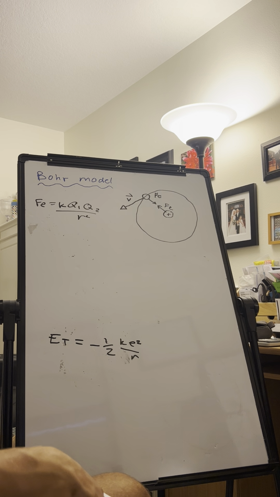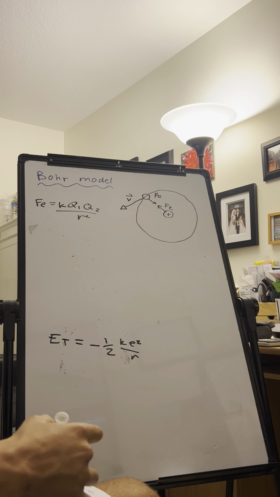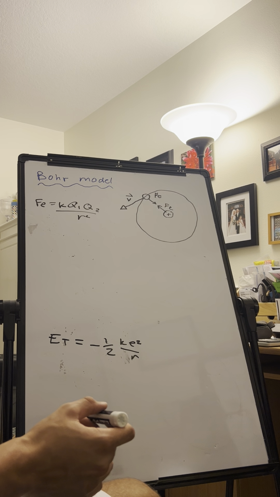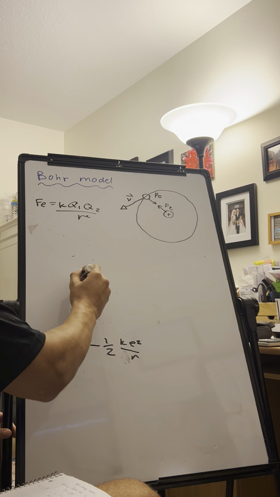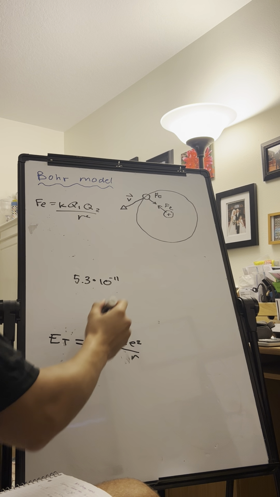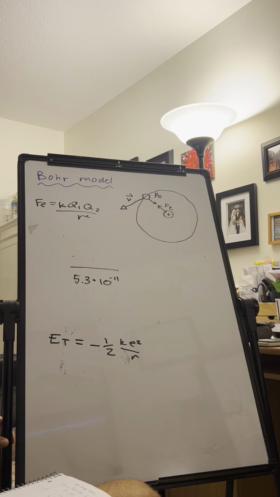So, for example, the radius of a hydrogen electron at ground state is equal to 5.3 times 10 to the negative 11. And then that's over k times e squared.